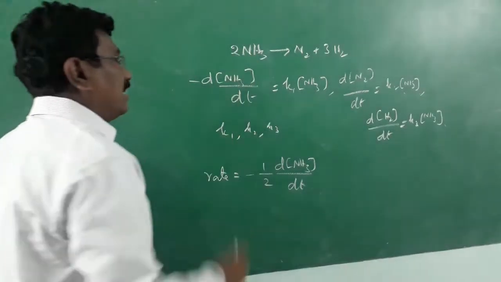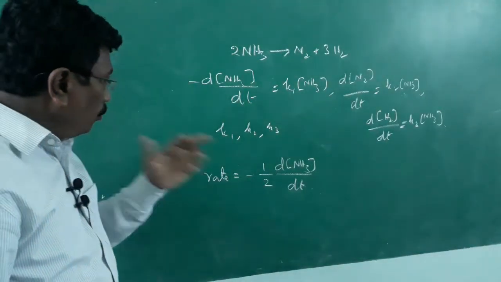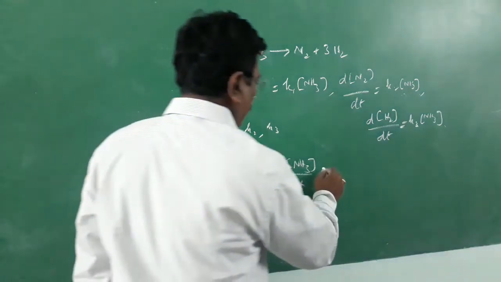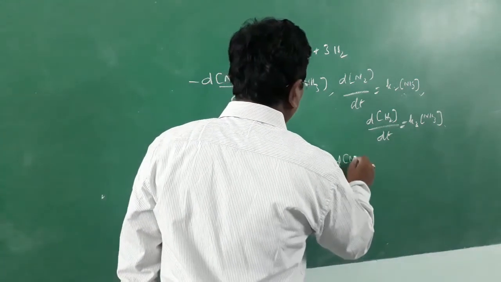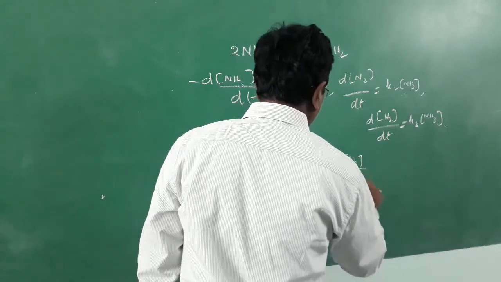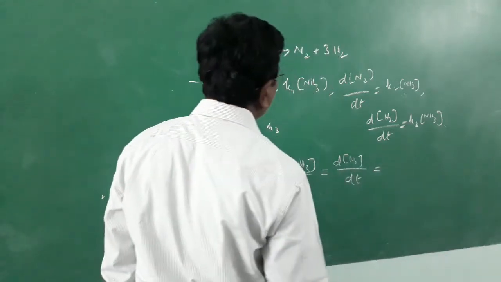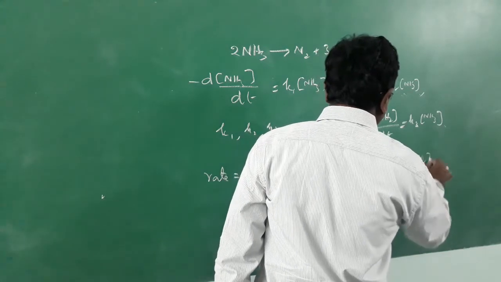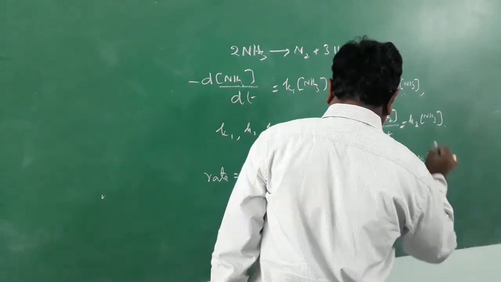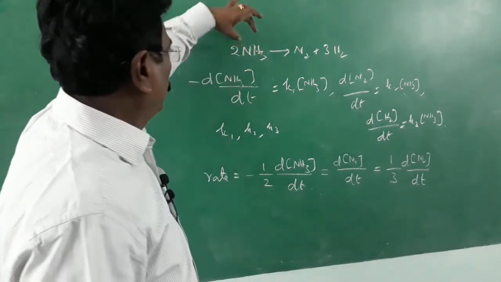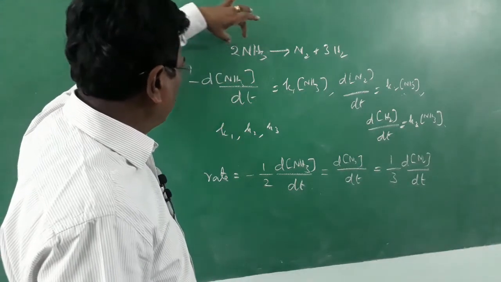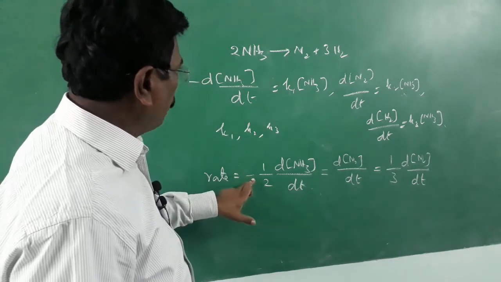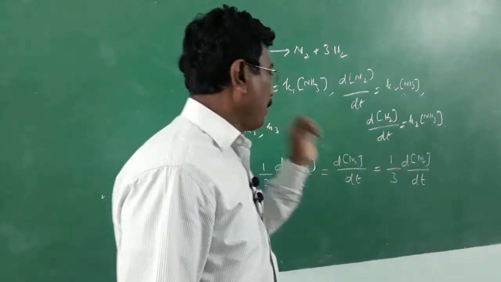Because 2 moles of NH3 are present, the number of moles have to be divided to get the equal rate, which is equal to d of N2 by dt, which is equal to 1 by 3 d of H2 by dt. Since NH3 is a reactant, the concentration gets reduced, therefore minus sign. Here we are using plus sign.